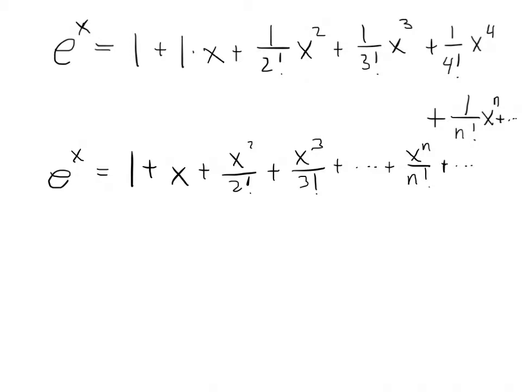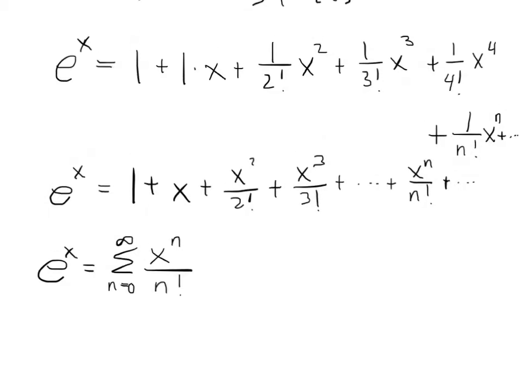A shorter way to do it, I suppose, would be to use sigma notation and say that e to the x is the sum from 0 to infinity of this nth term, x to the nth over n factorial. So this was the long way, right?